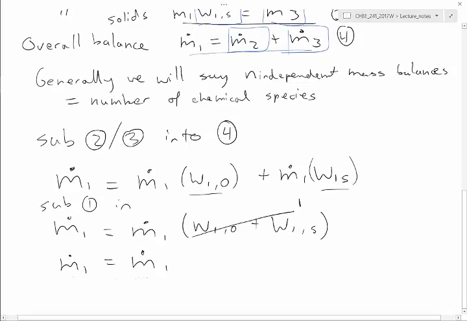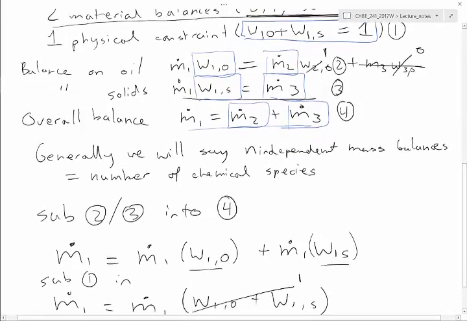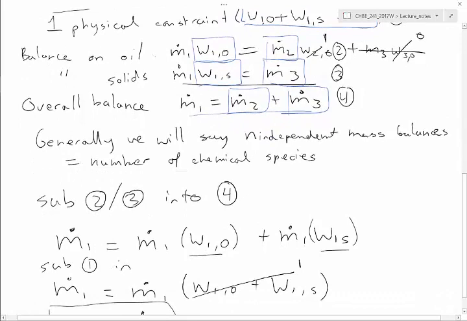Which doesn't actually tell me anything useful about my system. And this is the sort of idea with independence of equations, is that if I can combine any two of these equations to get the third, then they're not independent of each other.